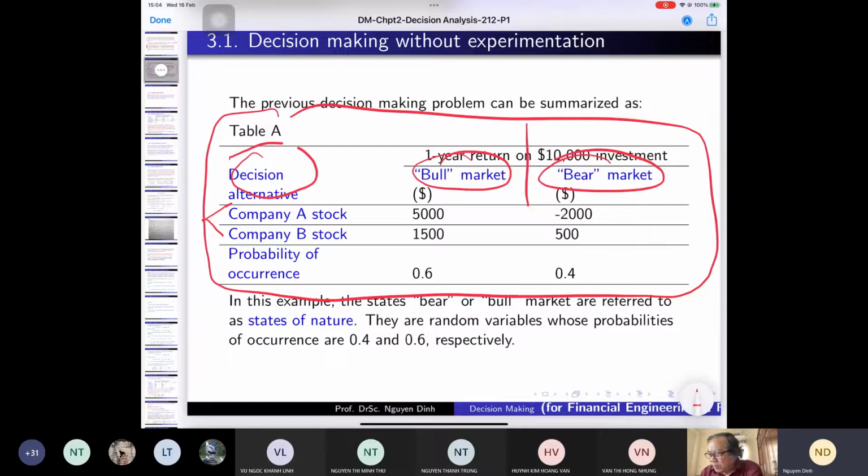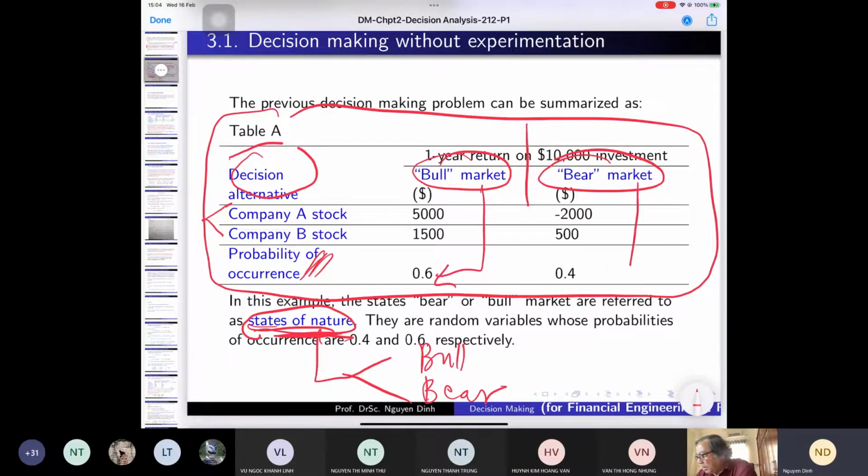So this is called state of nature, bull or bear. State of nature is the things that will happen next year. And the decision you have to choose is here, A or B. And the probability of occurrence: the probability of a bull market is 0.6, bear market 0.4. So all the data is summarized here.